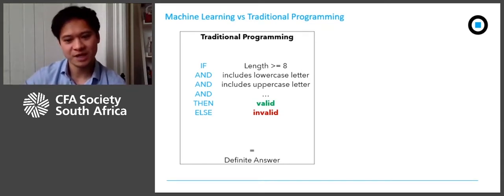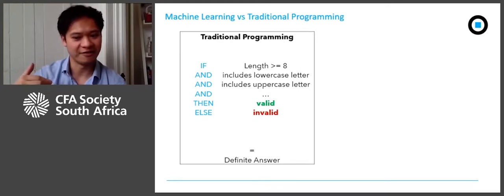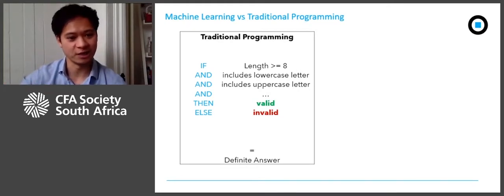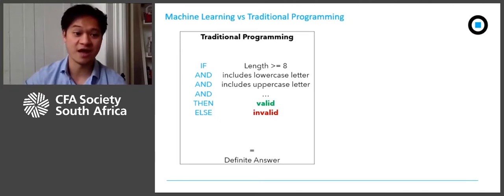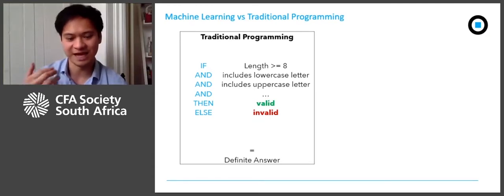So at the top here, does the password have 8 characters or more? And does it include a lowercase letter? And does it include an uppercase letter, etc., etc.? If it fulfills these criteria, then it's valid, or else it's invalid. And you're getting a definite answer. Is it valid or not?